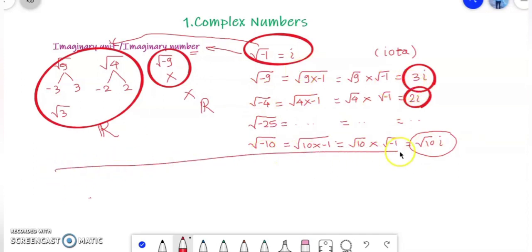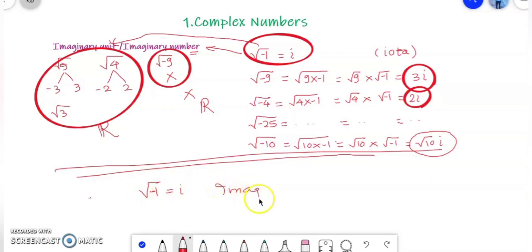So the bottom line of this brief part is: root of minus 1 is equal to i, called imaginary unit. If you square this, you will get minus 1 is equal to i square. So this is an important relation: i square is minus 1.